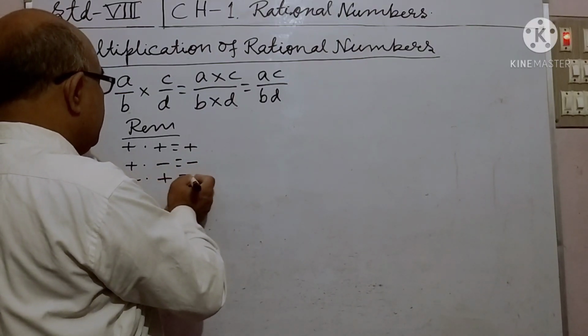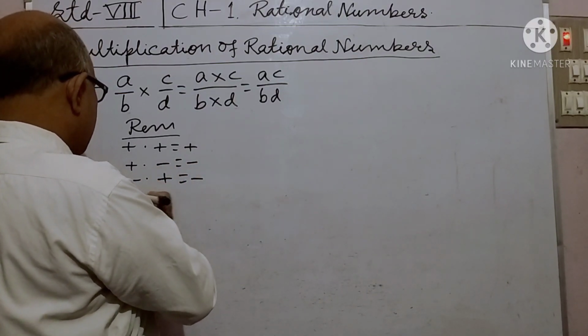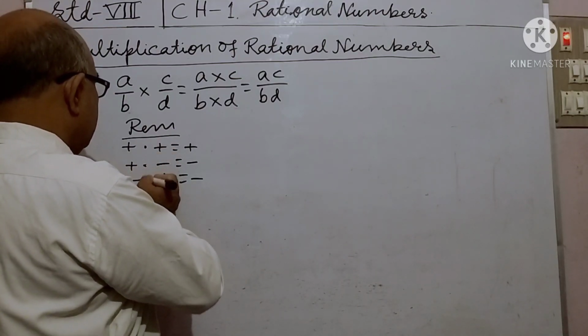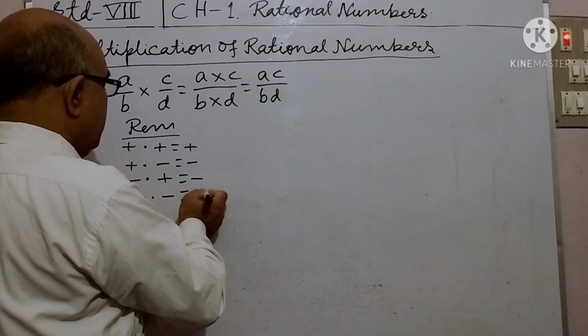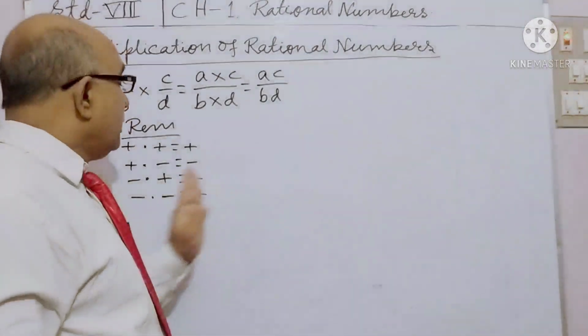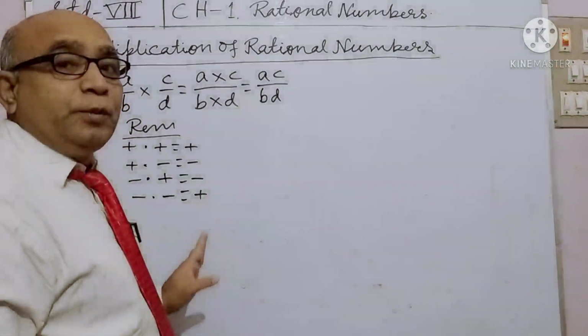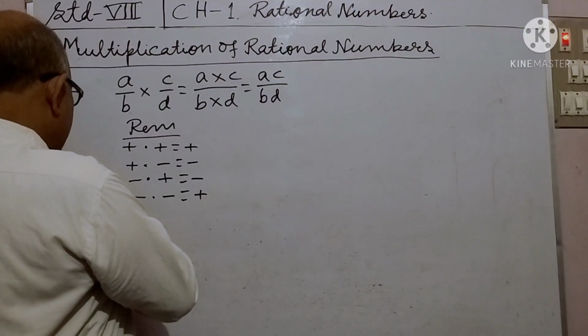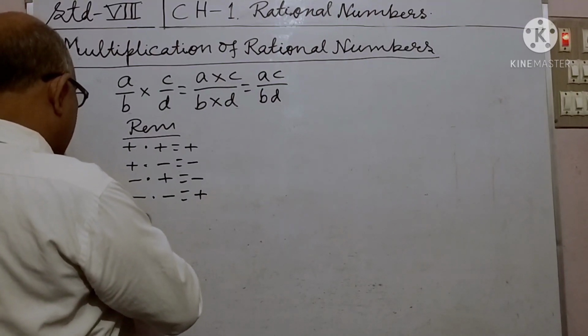Minus into plus equal to minus. And minus into minus equal to plus. We know that the product of two like signs is always positive and the product of two unlike signs is always negative.